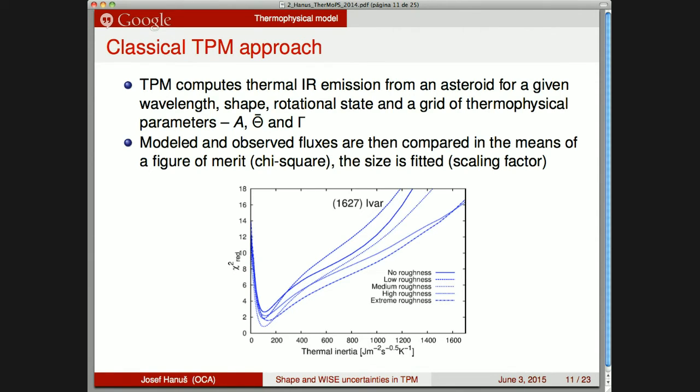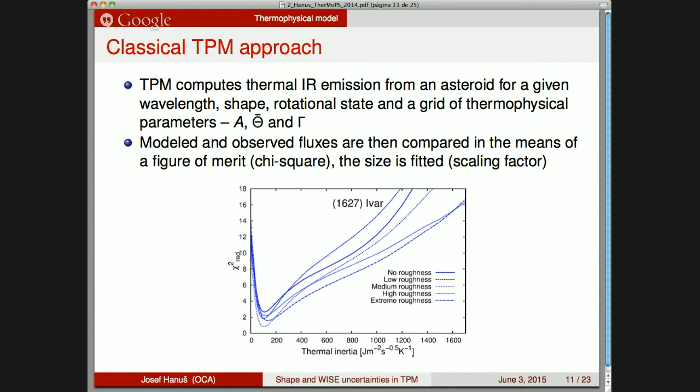And this plot shows the different behavior of the fit when we change the thermal inertia for different roughness. So it seems that, for example, the medium roughness fits the data the best, somewhere around a thermal inertia of 100.